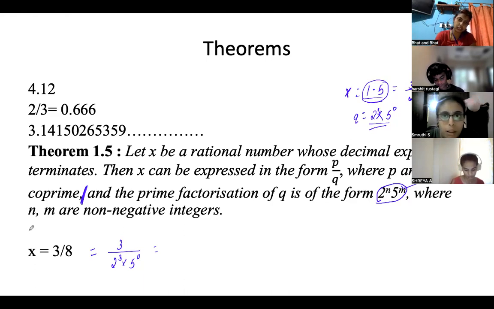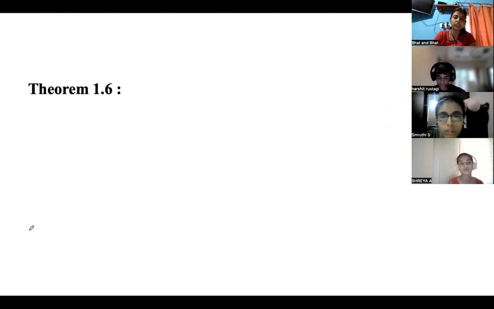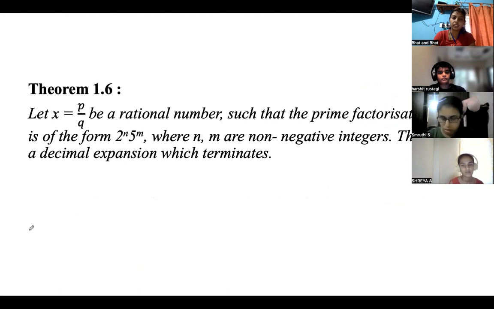Very good. Okay, so we'll go to the next statement. It says, let x is equal to p by q be a rational number such that the prime factorization of q is in the form of 2 raised to n, 5 raised to m, where n and m are non-negative integers.